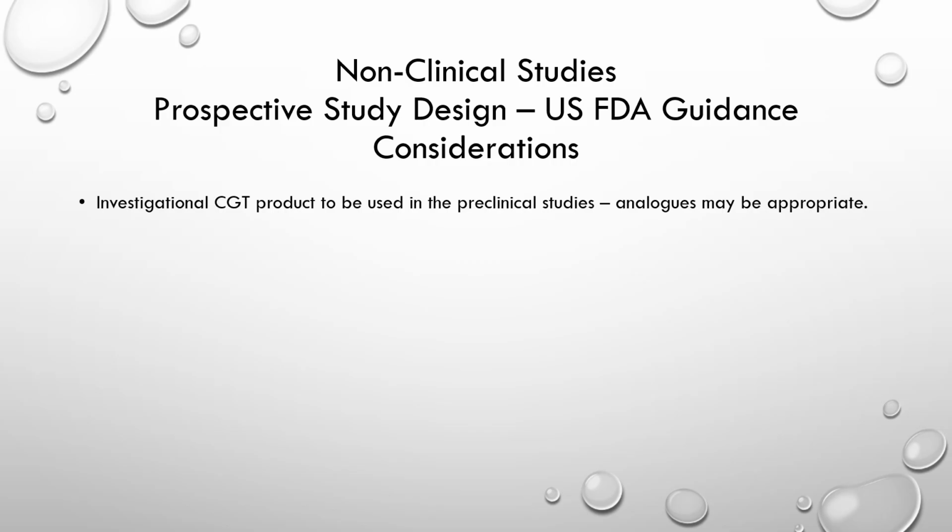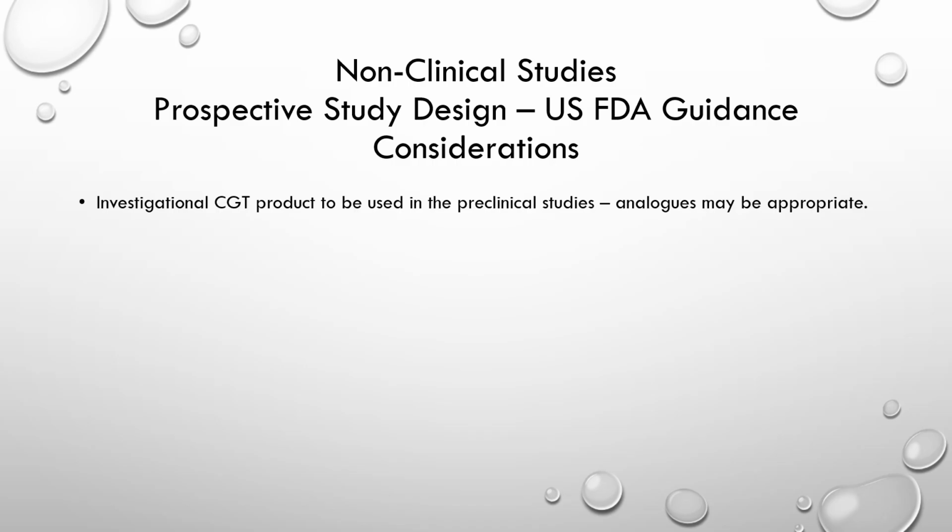Again, on the same vein, it's not always going to be possible to use the human-derived product, and you will have to consider analogs, which may be appropriate. You need to get advice from the FDA, and this is due to the species-specific nature of clinical trial products.